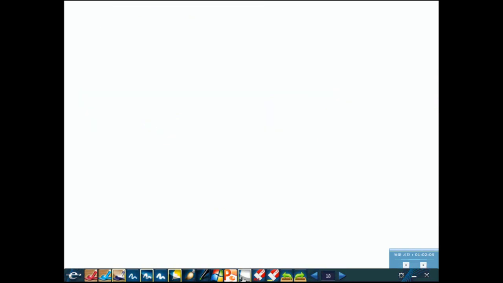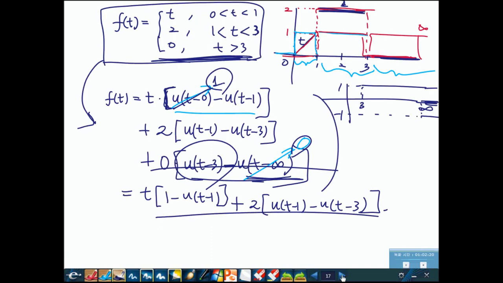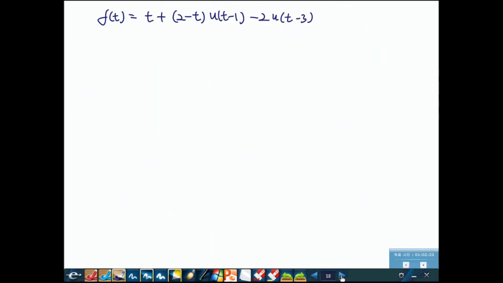Okay, so if I write it again, the function is t plus (2 minus t) times u of t minus 1 minus 2u of t minus 3. Okay, if we rewrite this, that's it. We need to do the Laplace transform of that function, right?